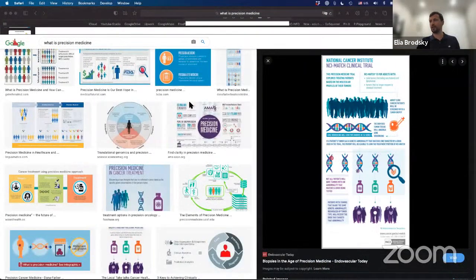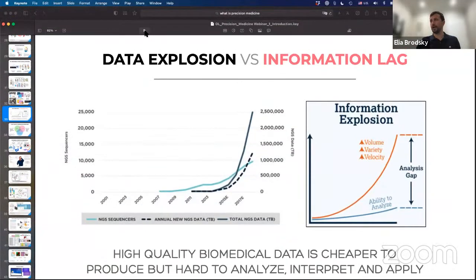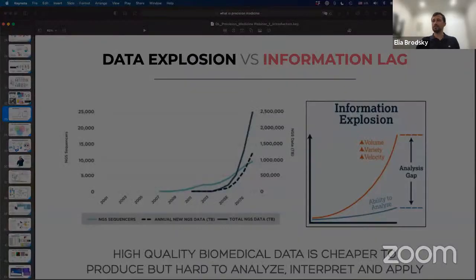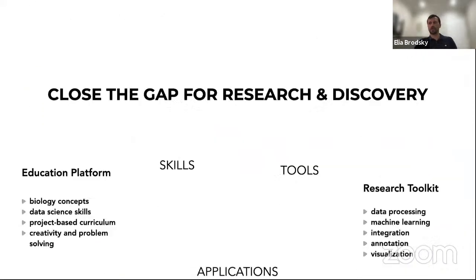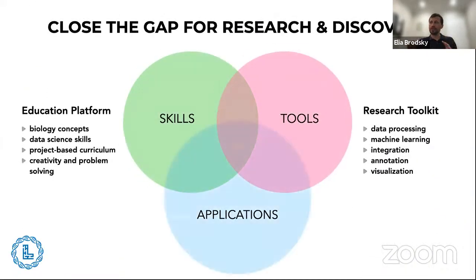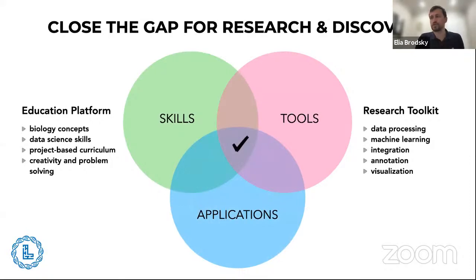Okay, so let me now talk a little bit about why this program is going to be focused on data and how we're going to address this problem. The three things that our program is going to provide you with are the tools, the skills, and the ideas about how to apply these tools and data sets to different types of challenges.